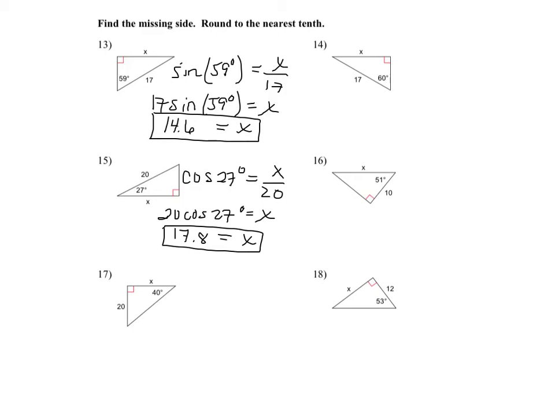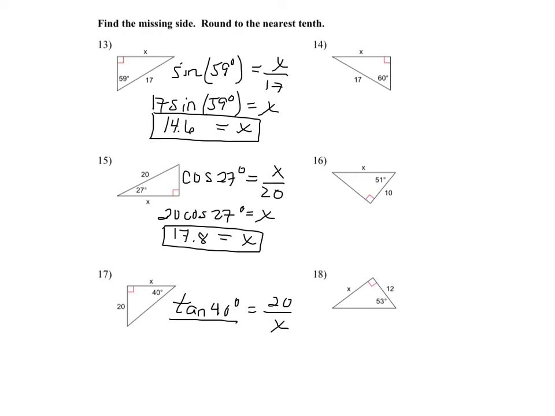In problem 17, if we're standing at the 40-degree angle, we're looking at the opposite side is 20, and the adjacent side is x. So opposite, adjacent, we are doing tangent. So the tangent of 40 degrees equals 20 over x. And in this case, x is in the denominator, so we'll have to be creative in solving for x.